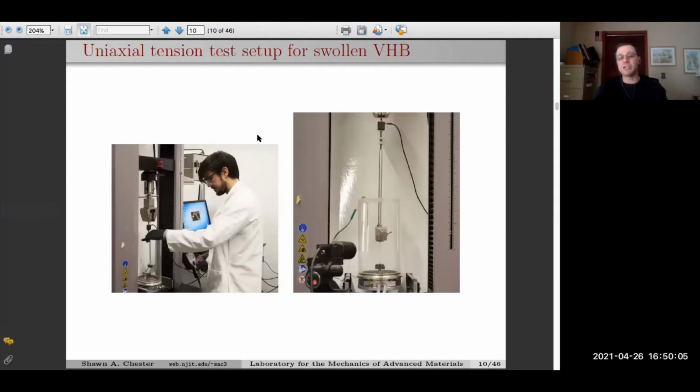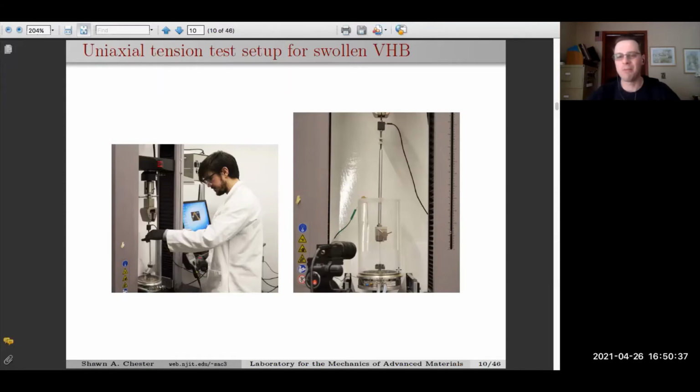And now you say, let's do some experiments on that. So here's Nicolo, a graduate student that did a lot of this. Very careful experiments because the loads are very small and everything is done inside of a fluid bath. I have forgotten what the fluid is, but he used combinations of mineral oil, water. He played around with the fluid to stop the evaporation of the solvents.